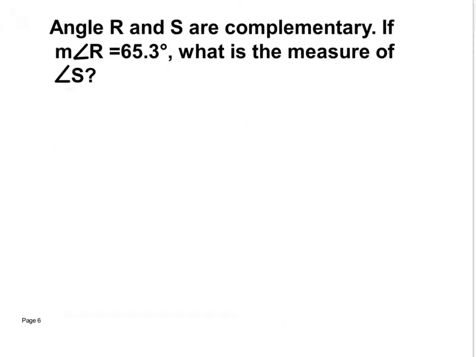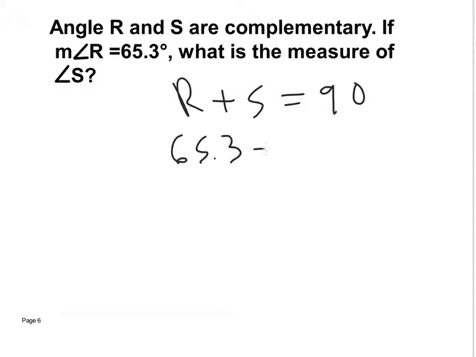Sometimes they won't show the angles. They'll just tell you these are complementary. R and S are complementary. Sierra, what do complementary angles add up to? 90 degrees. Right? So they tell you that R is 65.3. So you've got to subtract 65.3 from 90.